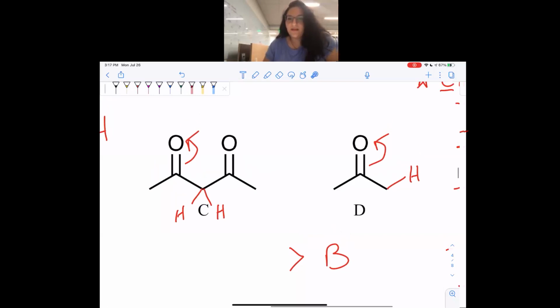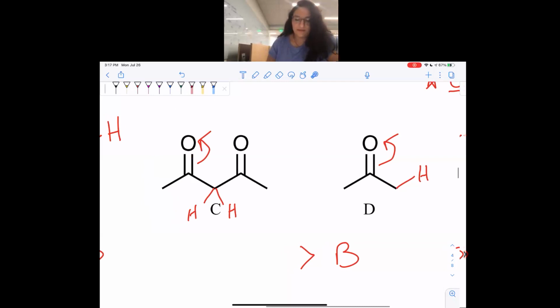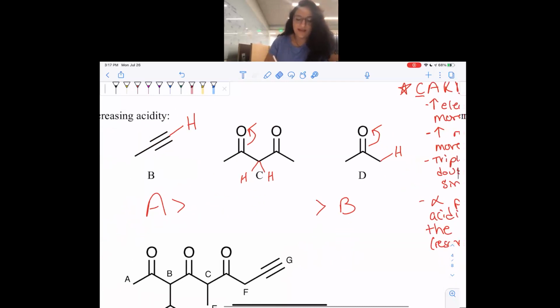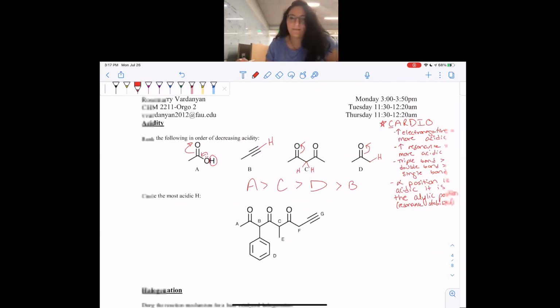So just like someone said in the chat, it's having more allylic position. So this one is allylic. This one is allylic times 2. So this one has to be more acidic. So we're going to say the order is A, C, D, B.